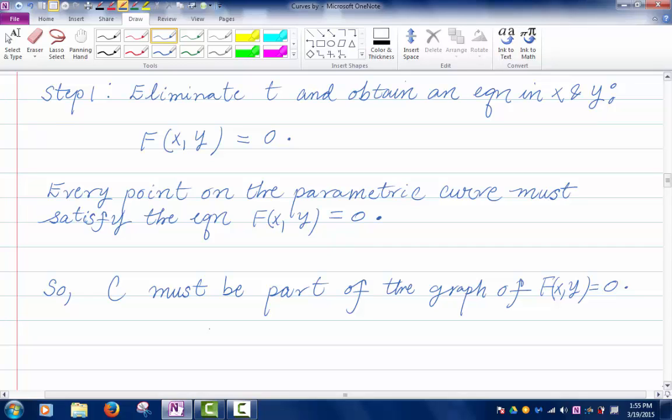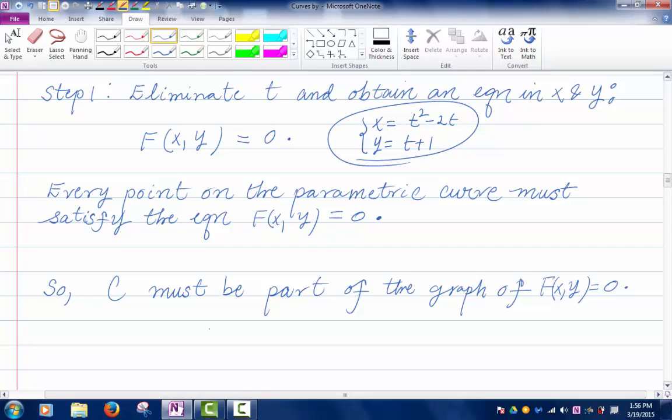So let's think about that again. Remember, x is given to be t squared minus 2t. Y is given to be t plus 1. That's the parametric curve. Now, suppose that somehow I got rid of t and I obtained some equation involving x and y. What does it tell me? It tells me that any point that lies on my parametric curve will satisfy this equation. What does it mean to have a point on the parametric curve?